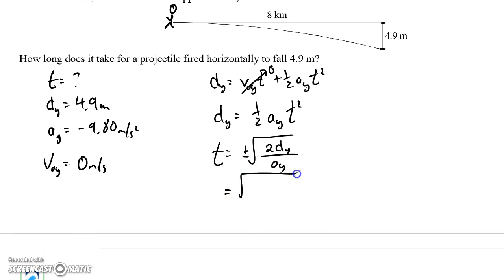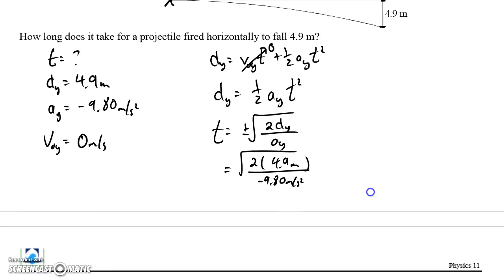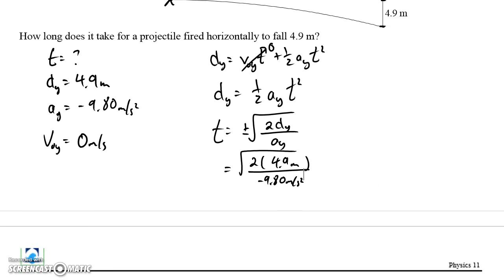And we don't need to worry about negative times, so we get 2 times 4.9 meters over negative 9.80 meters per second squared. And again, it's so easy to miss that important negative, because right now we couldn't solve this problem. Always remember, if the distance that you dropped is a drop, that has to be negative, even though it's not given as negative in the problem.